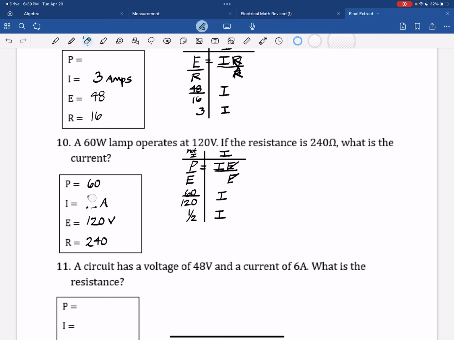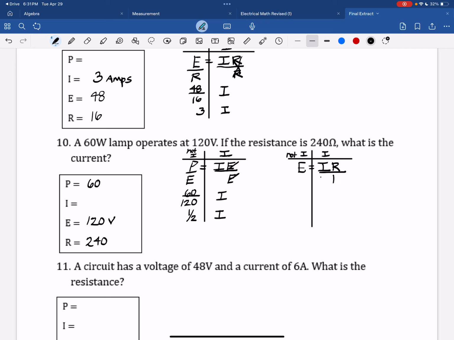If you wanted to use E equals IR, you could. And we're still looking for I. So we want to leave I alone, and then anything that's not I needs to come over here.